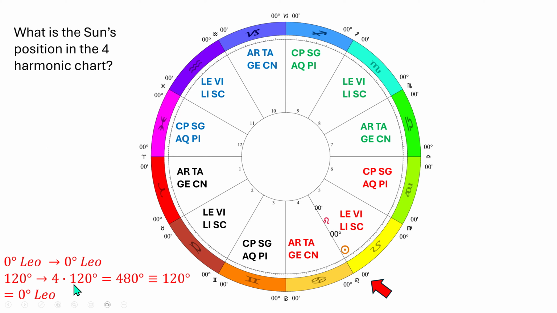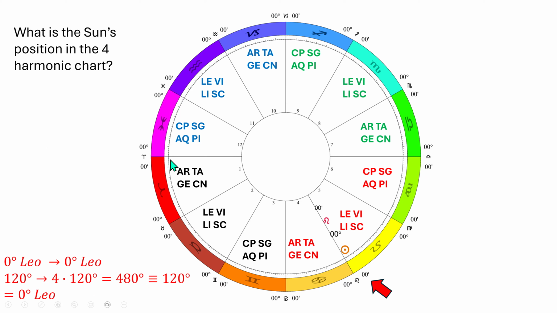And 4 times 120 degrees will be equal to 480 degrees. That's outside of the range that we use for this 360 degree clock. So we can either subtract 360 degrees from this, or simply divide 360 degrees into this and look to see what the remainder is. Either way, we get back 120 degrees, so 480 degrees will be equivalent to 120 degrees, which is the same as 0 degrees Leo.